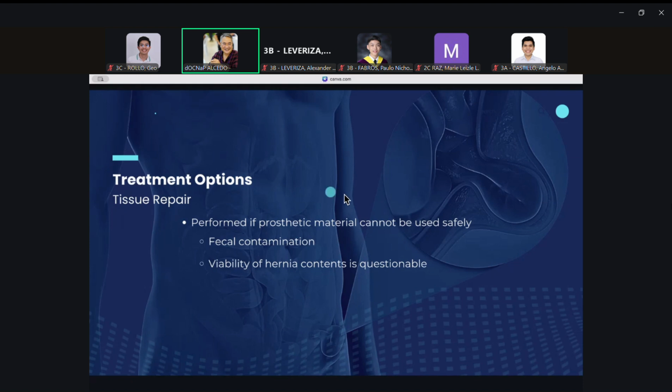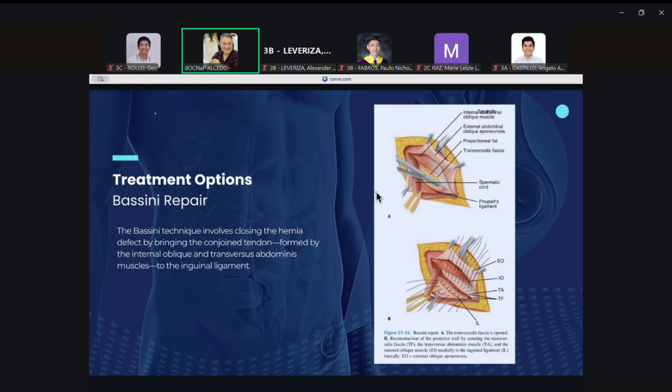So this is, of course, happening when there is fecal contamination from a perforation or when the viability of the hernial contents is under question. So we talk about open repair. So tissue repair, there are several options. No? One is your Bassini, which is basically, can you see my pointer?